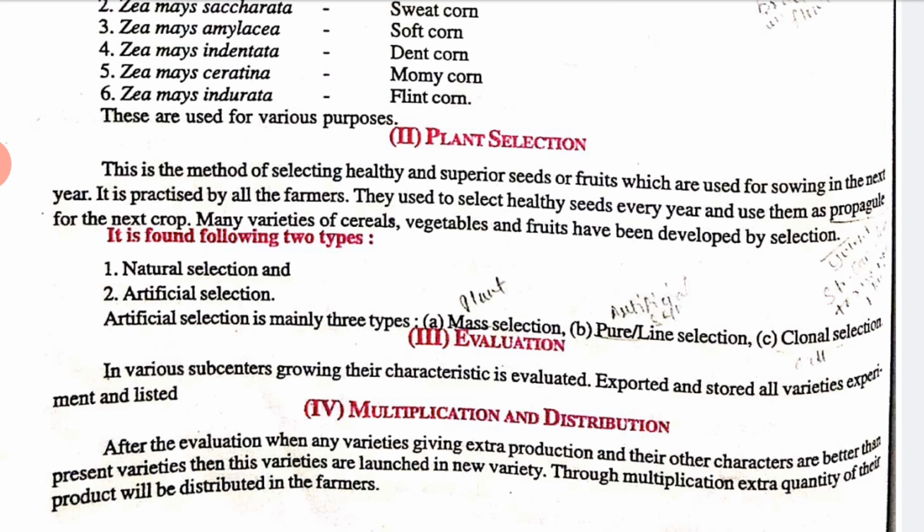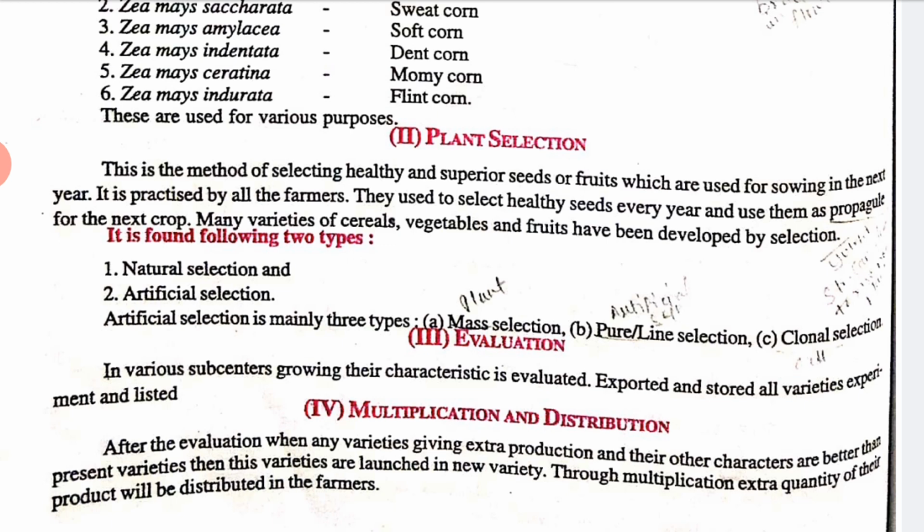Artificial selection is mainly of three types: mass selection, pure line selection and clonal selection. Mass selection means basically a selection of plants.